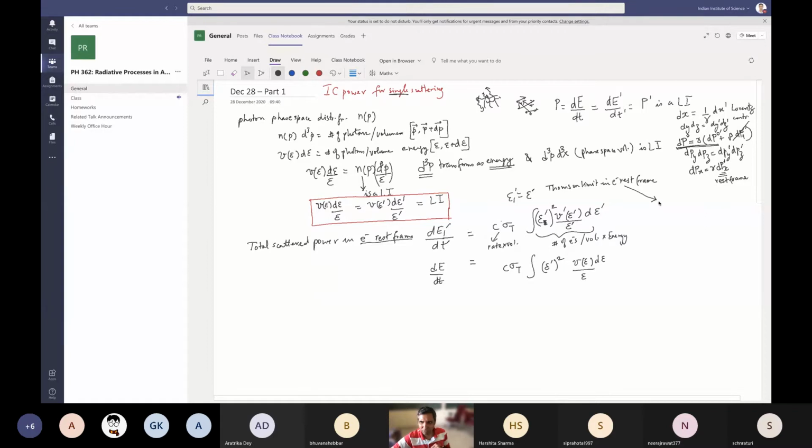This is only true if gamma epsilon is much less than m_e c squared. Recall this gamma epsilon is like the mean or typical energy of the photons in the electron rest frame, when you do the Doppler boost. So this Thomson limit formula is valid only in this case. Now what happens to this one?